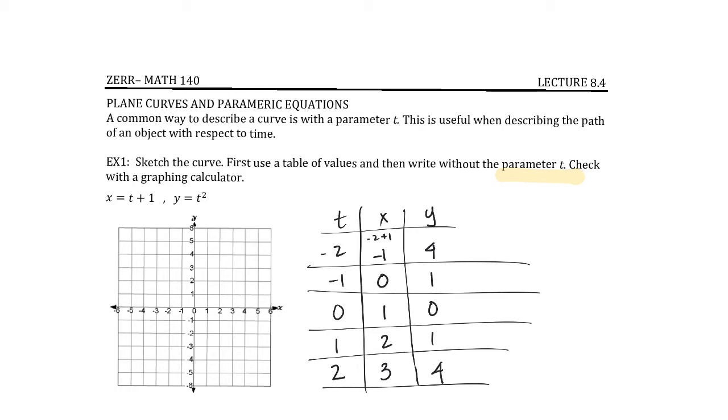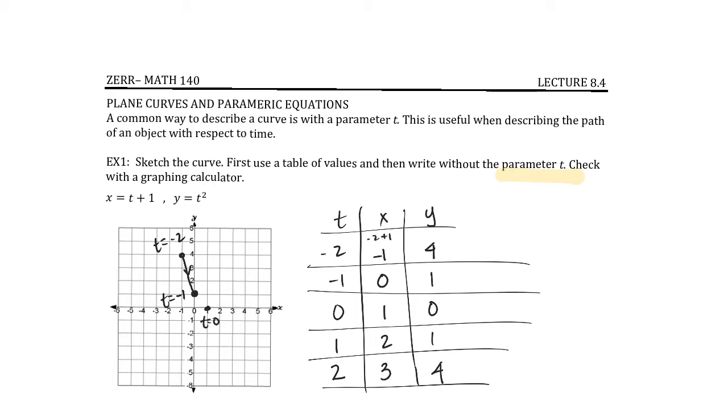Now what we'll do is just go through and graph these. So when t equals -2, we're at the point x is -1, y is 4. Now at t equals -1, we're at 0, 1. So our graph is going down. All right, at t equals 0, we're at 1, 0.